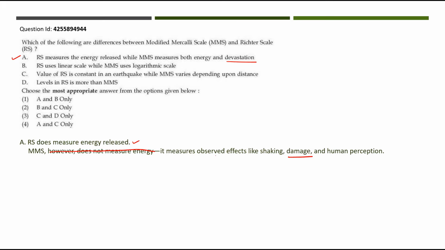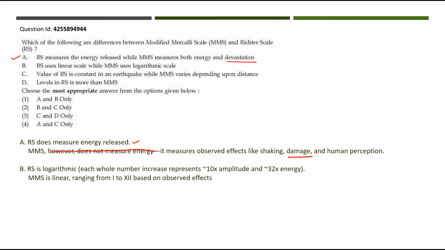Richter scale uses linear scale, while modified Mercalli scale uses logarithmic scale. This is actually false. Richter scale is logarithmic. Each whole number increase represents approximately 10x amplitude and 32x energy. This is all approximate values.